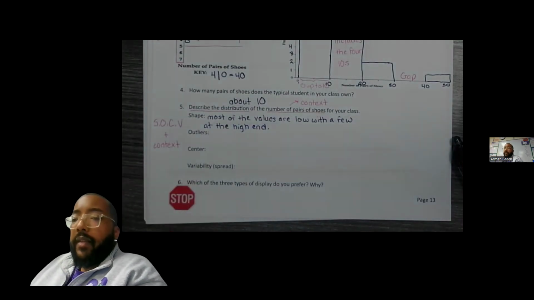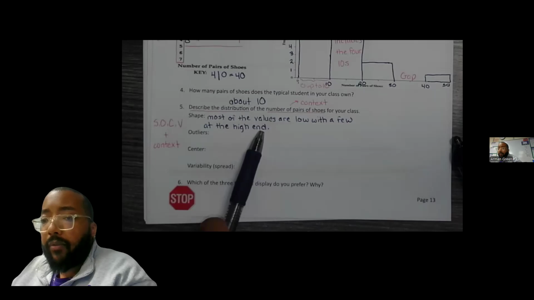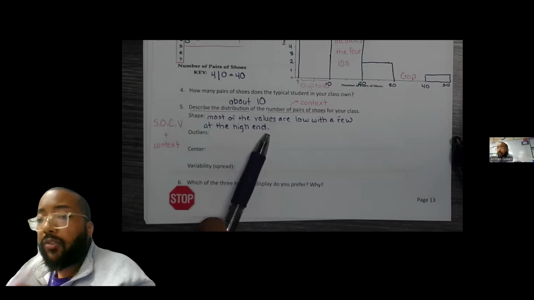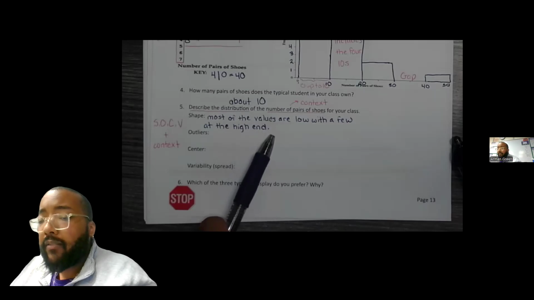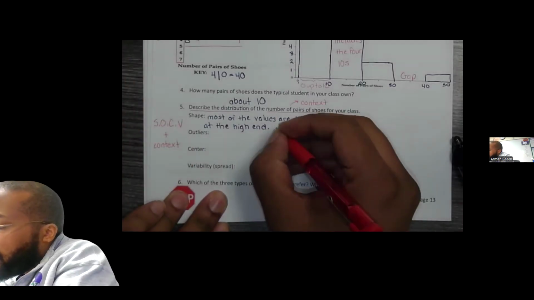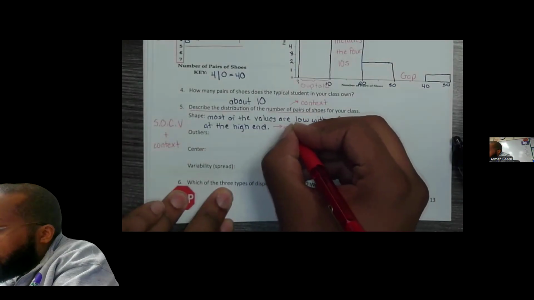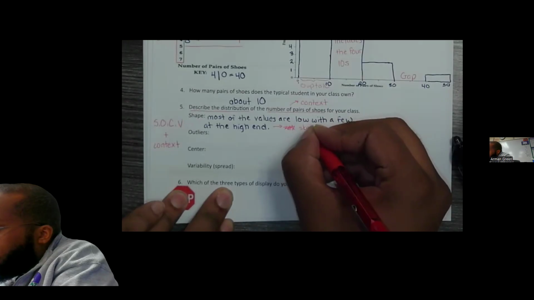Now, if you have something like this, where a lot of your data is on the low side of your number line, what you will have in terms of your shape is what is called skewed right.